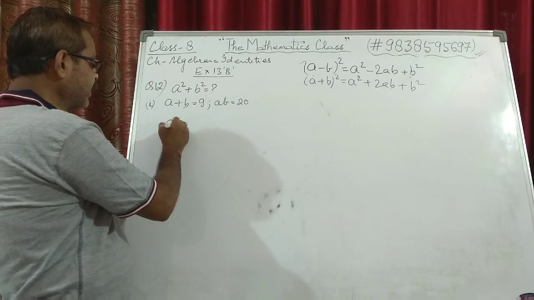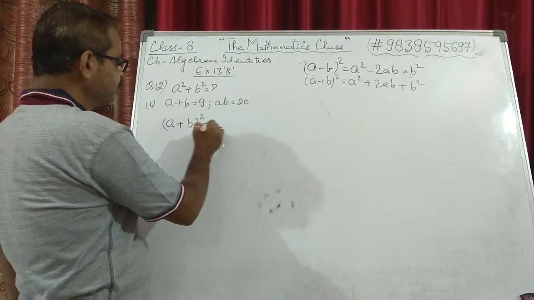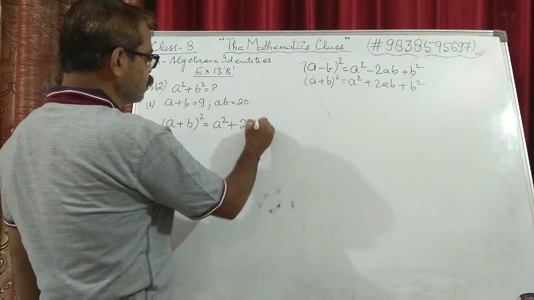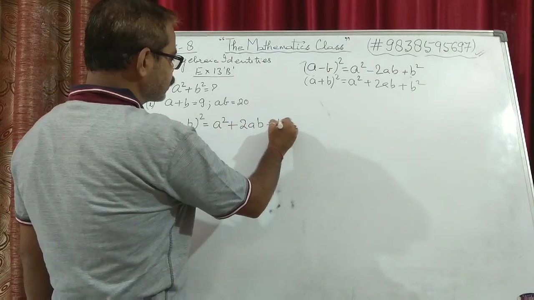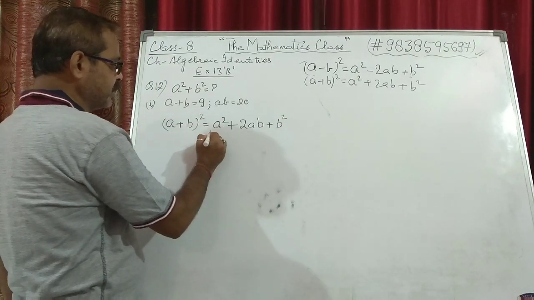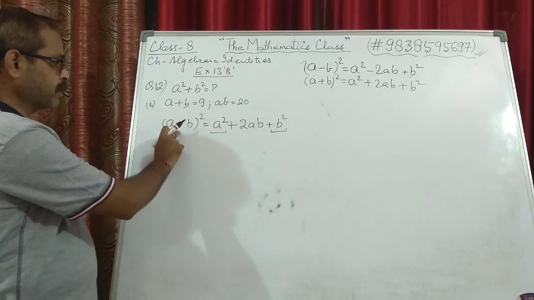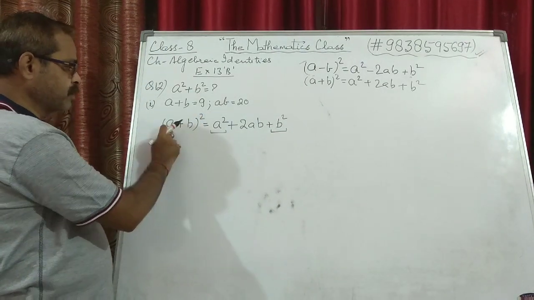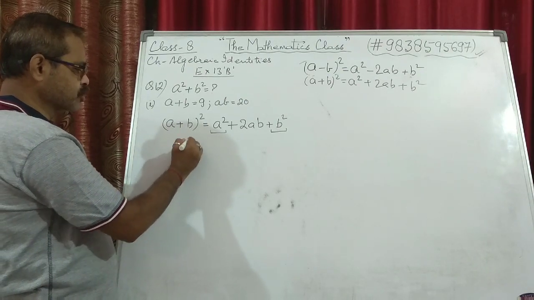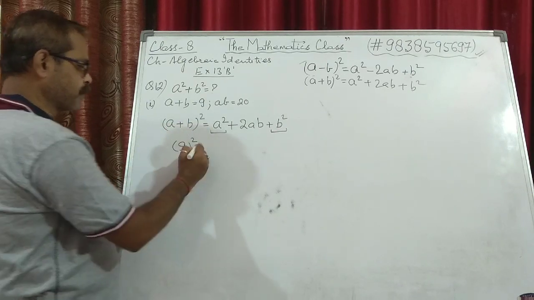We know that (a plus b) whole square is equal to a square plus 2ab plus b square. We need to find the value of a square plus b square, so this and this are missing. We know a plus b is given as 9, so in place of a plus b we can substitute 9, and it is squared.